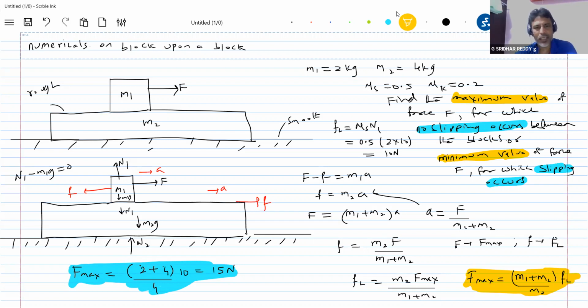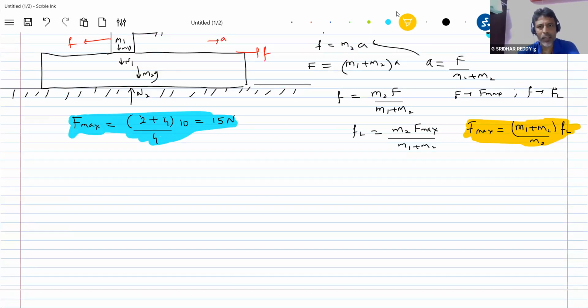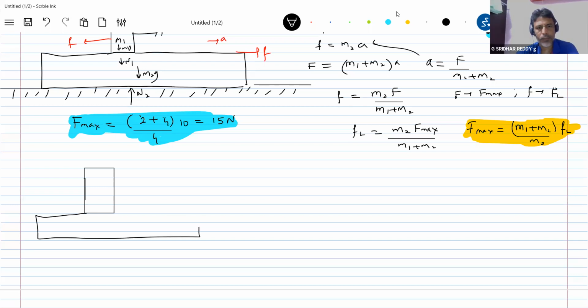Directly, let me take the problem. Here in the same situation, let me apply a force, say 20 Newton. Then we have to check what the conditions are.